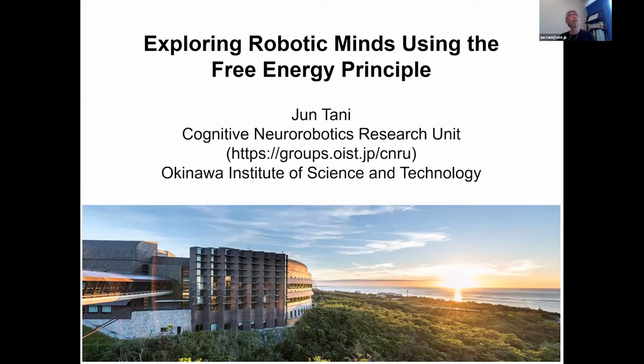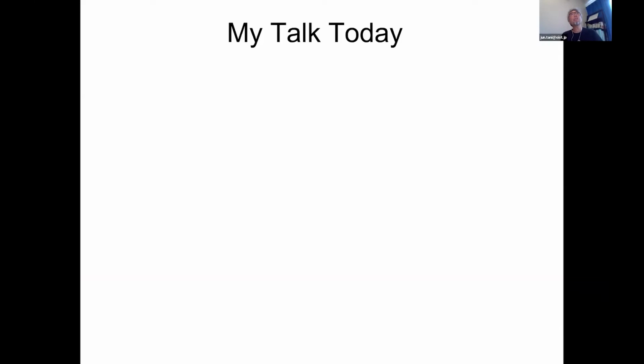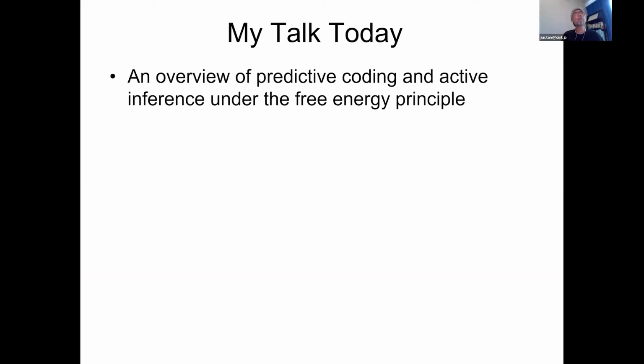So I'm going to talk about first robotics experiments and something related to the phenomenology of subjective experience. My talk today starts with an overview of predictive coding and active inference, which falls under the free energy principle, something I have worked on for 20 years.